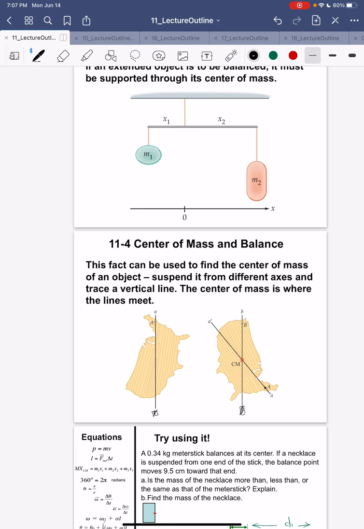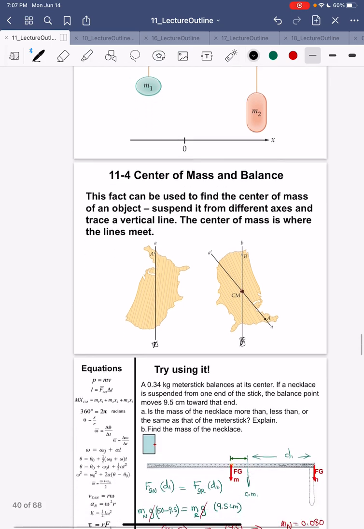When they intersect, this is going to be the center of mass. If your object is uniform, then the center of mass is going to be at the center of the object.